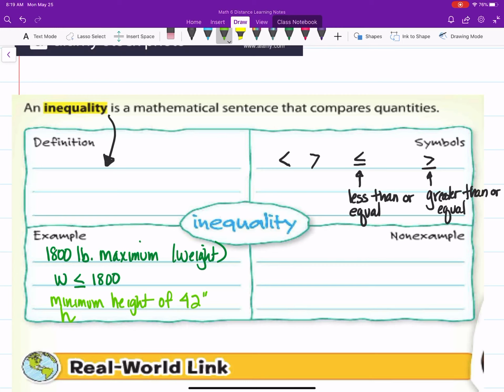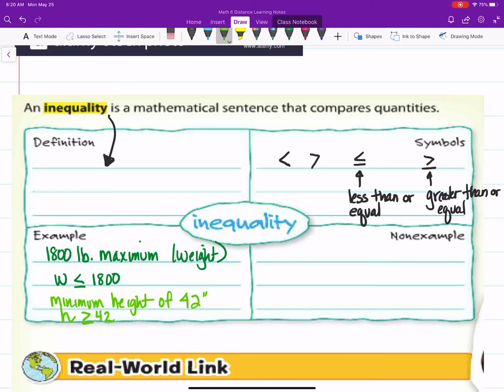But no one can ride this roller coaster if they're under 42 inches. They can be greater than 42 inches, but they could also be 42 inches. So that's greater than or equal to 42 inches.